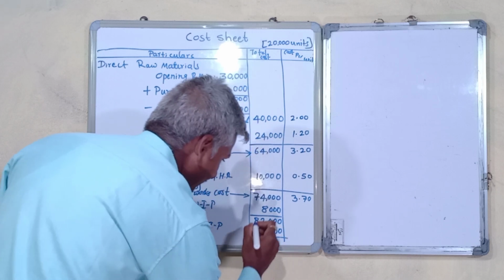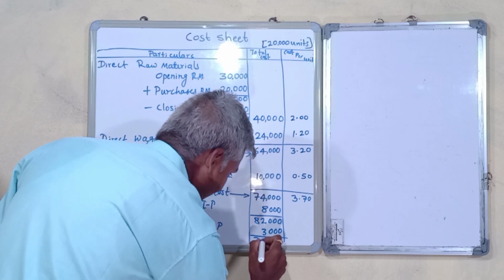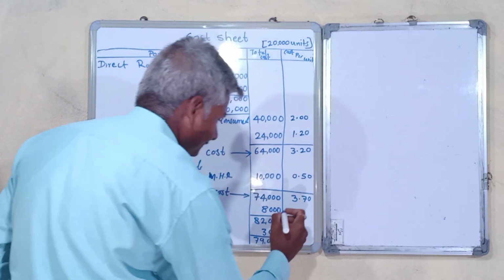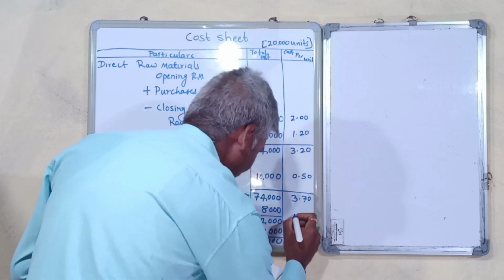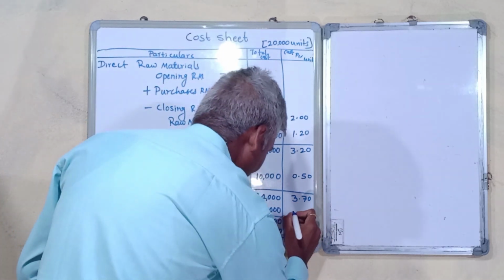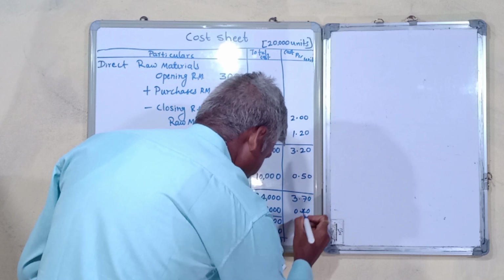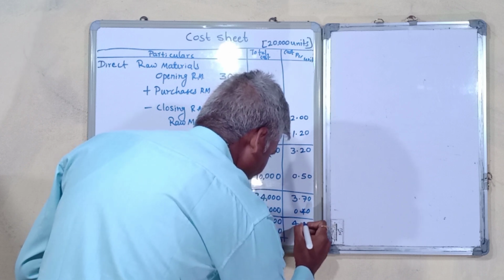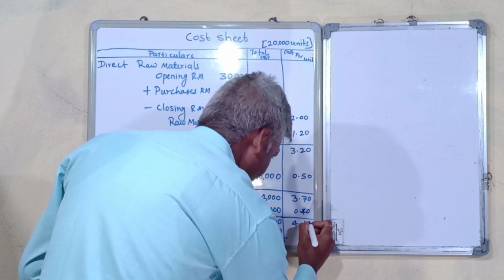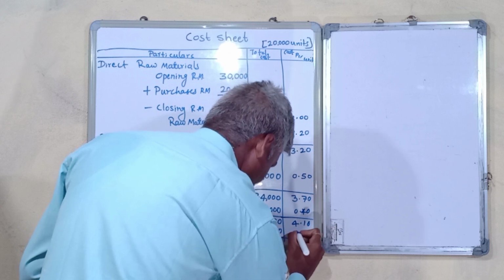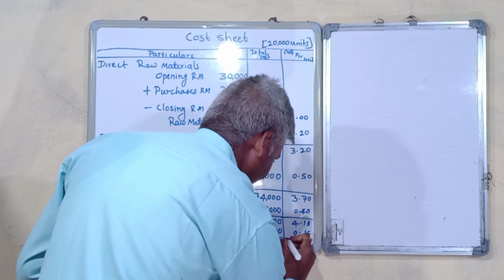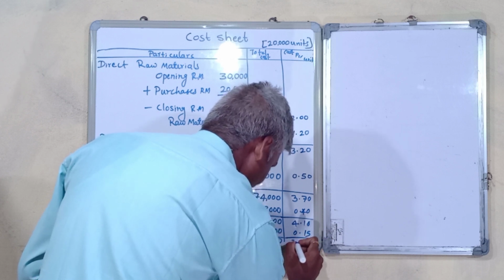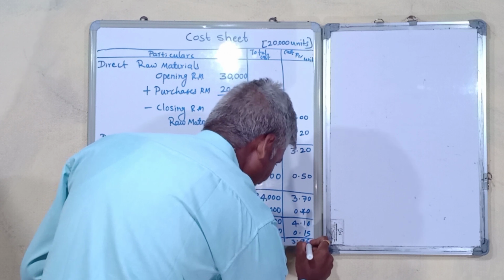So we will have 79,000. Then here we will have 0.40, 4.10, 0.15 and 3.95.